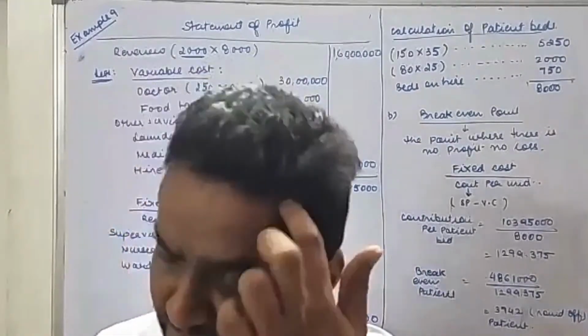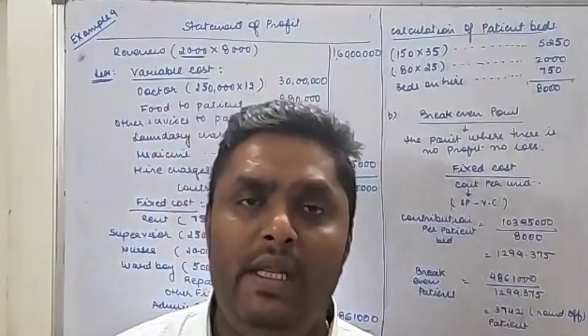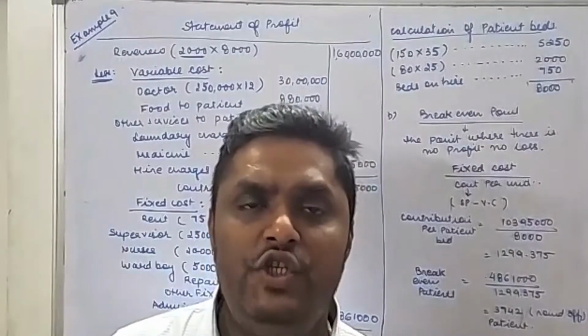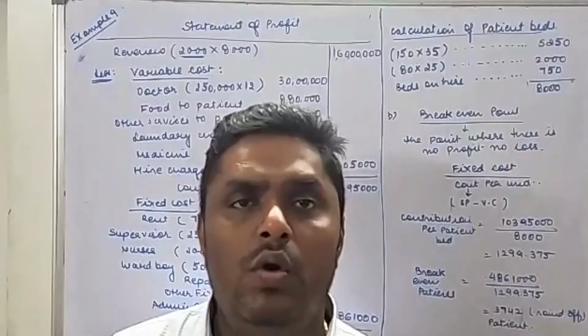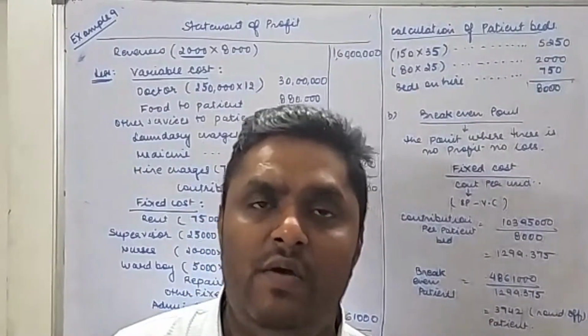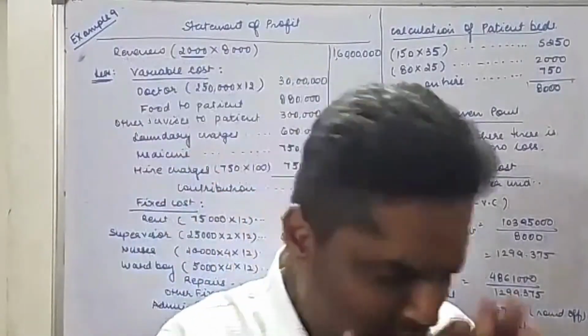I'll be giving you the answers in the next session. I think I was not able to take the session on the 3rd. So the class will be rescheduled and you guys will be updated soon. Just wait for a day's time. I'll be taking one more session because still a few questions are pending for service costing.